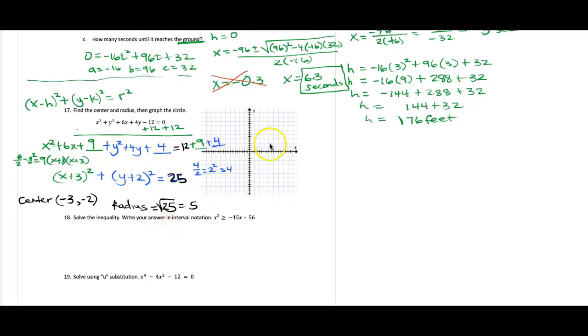Okay, and so then if I graph it, over -3, down to, let's see, 1, 2, 3, and down to there. Then I need to go 5 in each direction. So 1, 2, 3, 4, 5.